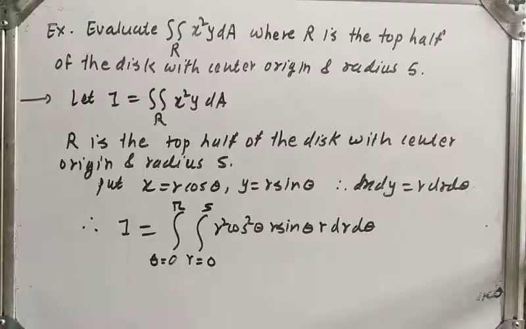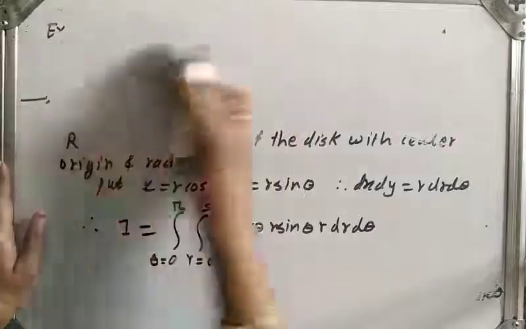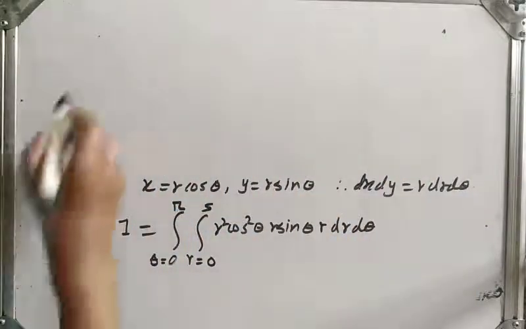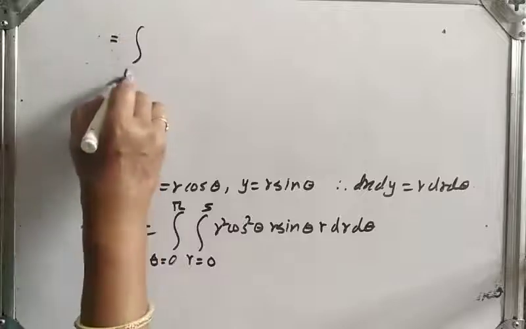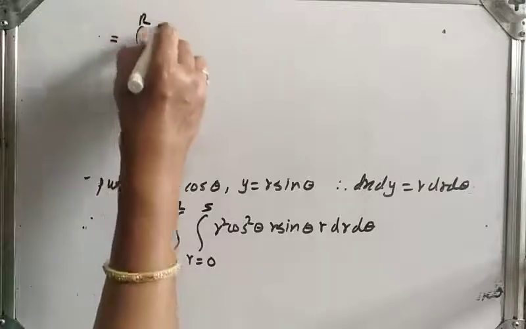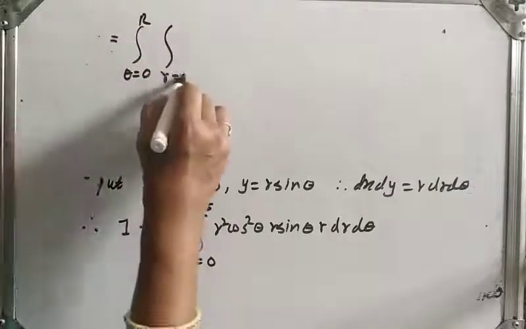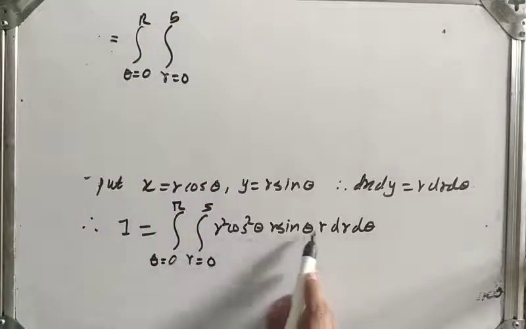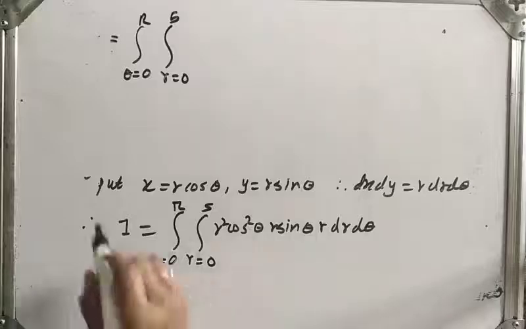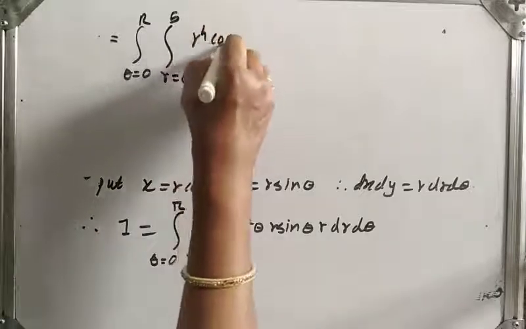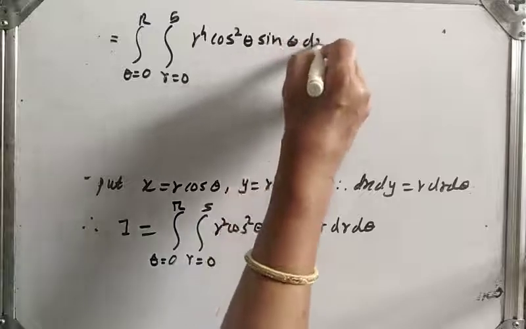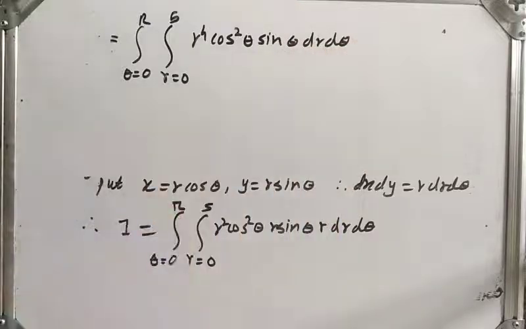So it will be, which is equal to, integration theta is equal to 0 to pi, r is equal to 0 to 5, r square into r, that will be r raised to 4, cos square theta sin theta dr d theta.